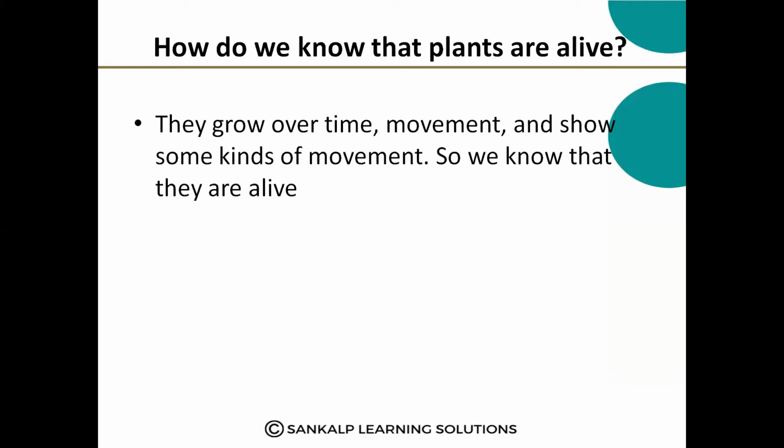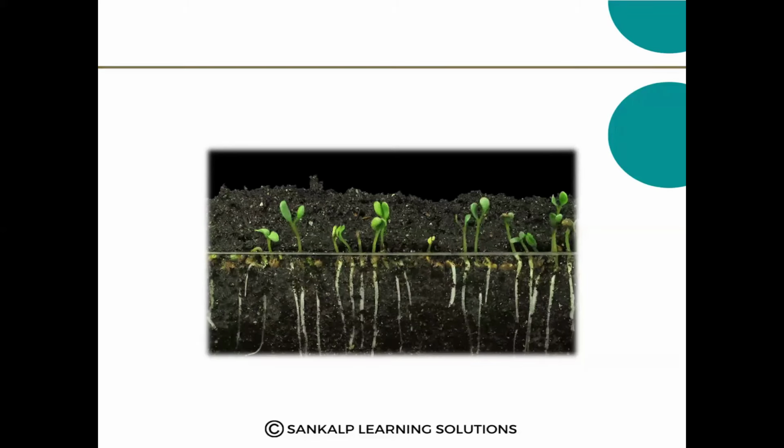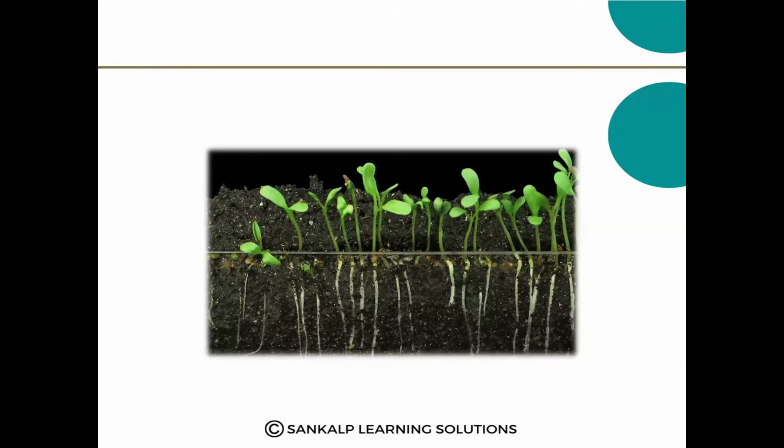In this video we can see that the plants are moving towards the light, that is called phototropism, right? Then plants also show growth, but the growth is observed over a certain period of time. We can't observe it within a day or within an hour, but we can observe the growth over a period of time, like within 10 days or 30 days, one month.